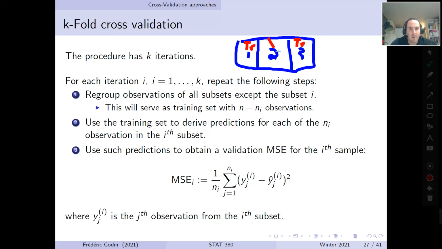And here we're going to use subset 2 as the validation set, where we form predictions for all observations of the subset based on our trained model.